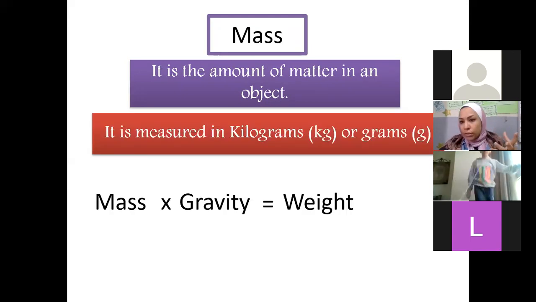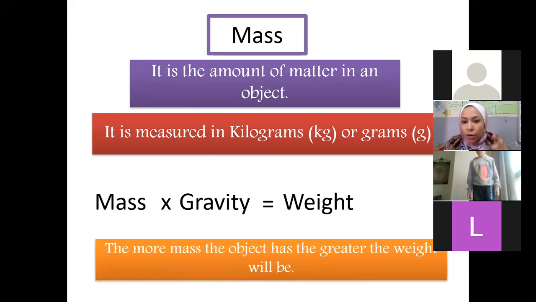Now, what about weight? Weight is our mass affected by gravity. So weight is always related to the gravity, and this is why weight is changeable. It changes from one place to another.